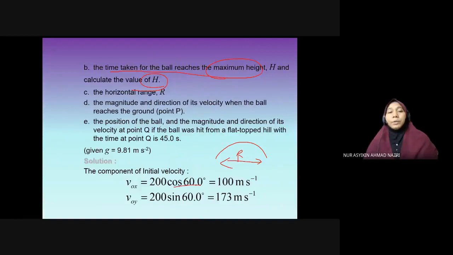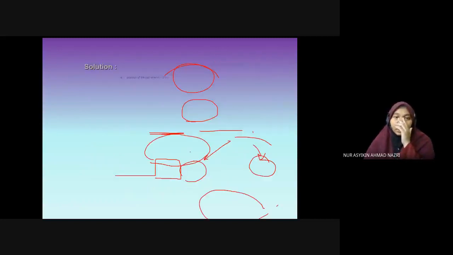Kita pergi pula pada soalan E. The position of the ball and the magnitude and direction of its velocity at point Q if the ball was hit from a flat top hill. Okay. Dia kata was hit from a flat top hill. This time at point Q 45 second. Bila 45 second tadi kan?